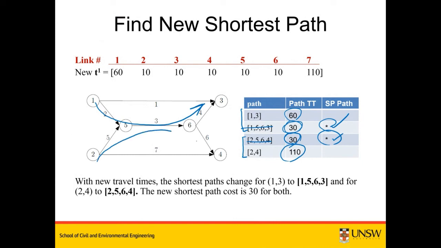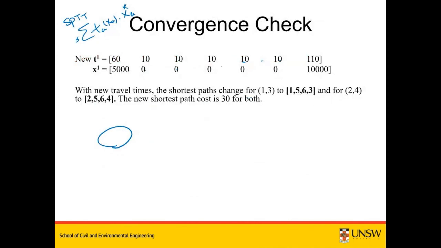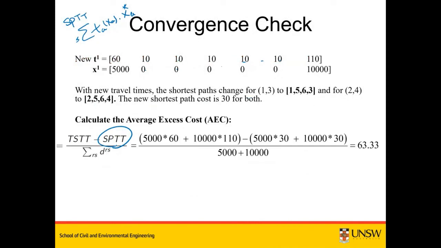This is also now the shortest path, right? And if I do an all or nothing assignment, that means 10,000 will use this path and 5,000 will use this path, right? So now what I can do is multiply, that would be the new cost, right?